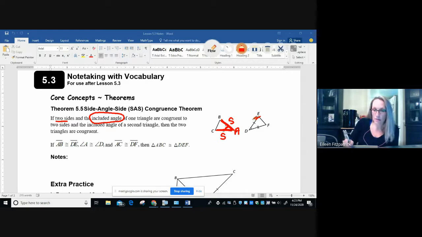Over here, we have a side marked with a tick mark. We have an angle marked with an arc and another side.